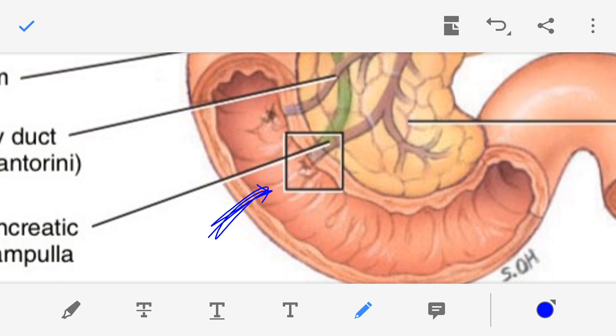So here, from the liver, bile is secreted, and from the pancreas, the pancreatic juice is coming. So in the duodenum, the process of digestion will take place, and in that the bile and the pancreatic juice, the enzymes, will participate.